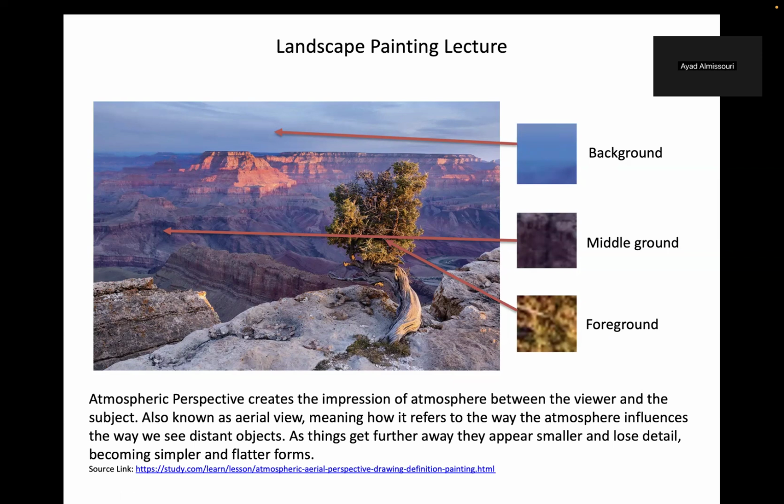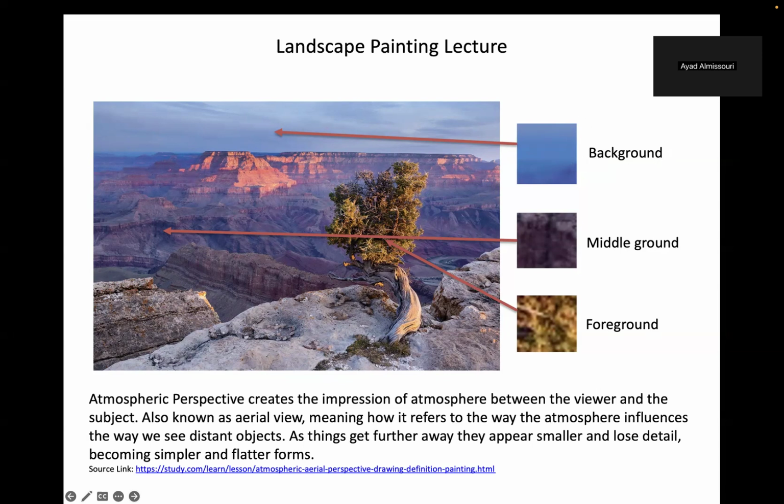As things get further away, they appear smaller and lose detail, becoming simpler and flatter forms. One thing to keep in mind is that if we're looking at this image, we have to start to identify your three key components, which is what? Your foreground, which is the space closest to us, the middle ground, which is between the middle ground and foreground, and then the background, right?